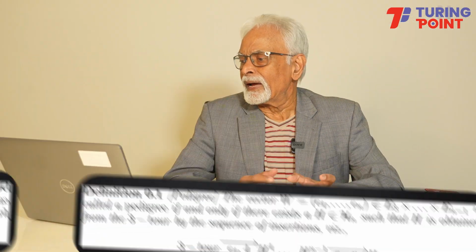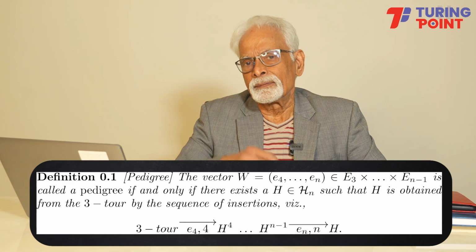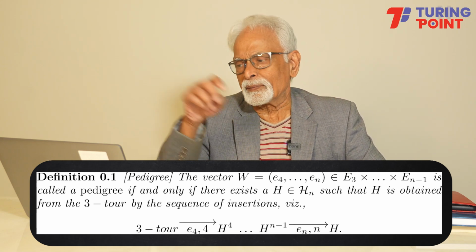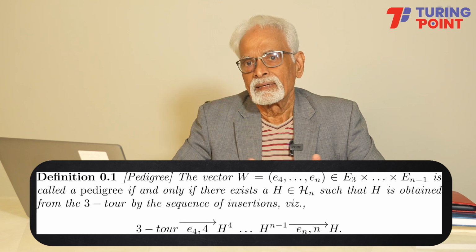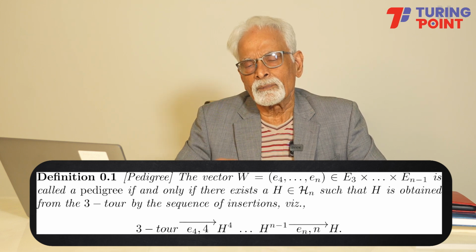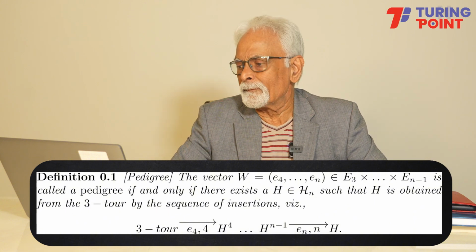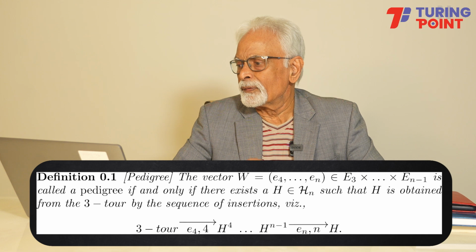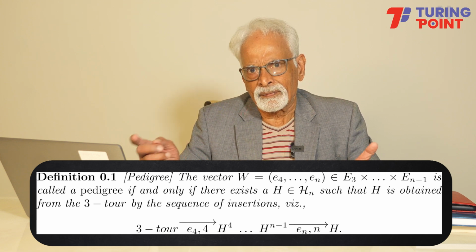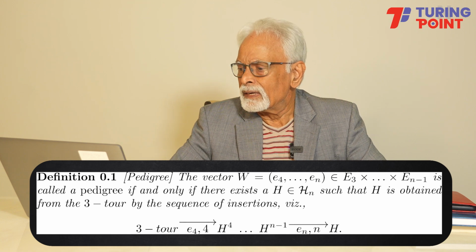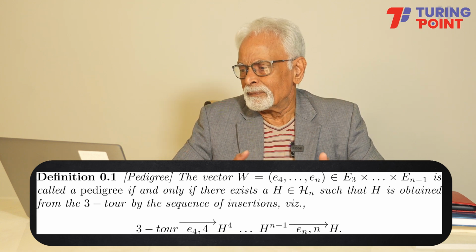We have a W which gives you the edges where 4, 5, 6, etc. up to n are inserted. This W has in each component an edge that tells you where the insertion is done. So this vector of edges E4, dot dot dot, En is a pedigree.